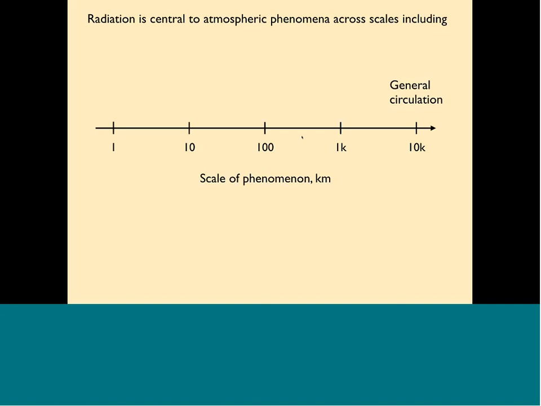Just to put it into context, radiation is the driver, the fuel for the atmospheric heat engine. It's what drives the general circulation. So roughly speaking, the equator is hot and the poles are cold, and that's because the sun shines at the equator. It's implicated in the propagation of the MJO. It's implicated in the structure of hurricanes, if you ask Greg Hakim.